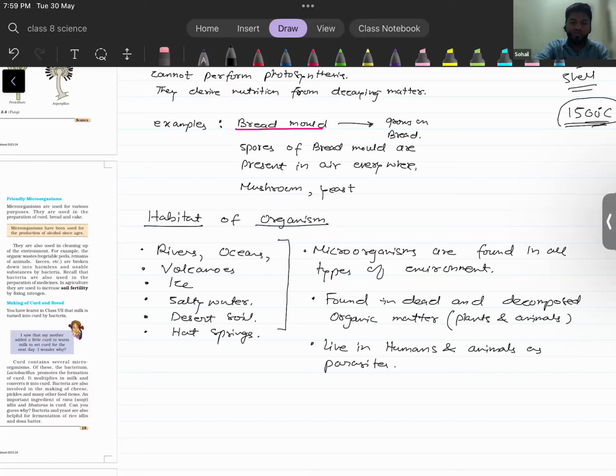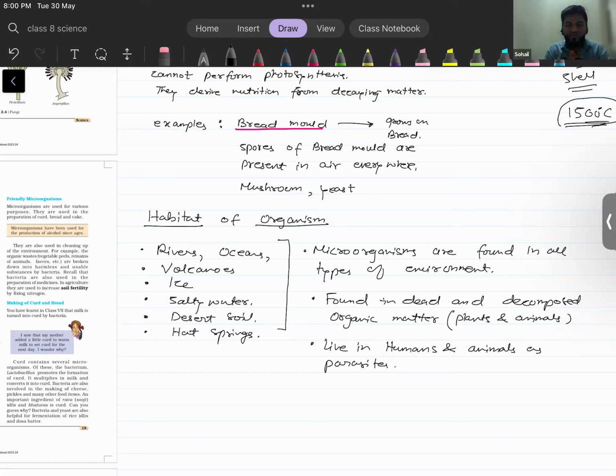Now, basically the chapter is microorganisms: friends and foes. Certain microorganisms are useful for us. They are friendly in nature, and certain are evil in nature, like the disease-causing microorganisms. So let's talk about the friendly microorganisms. What are the friendly microorganisms?